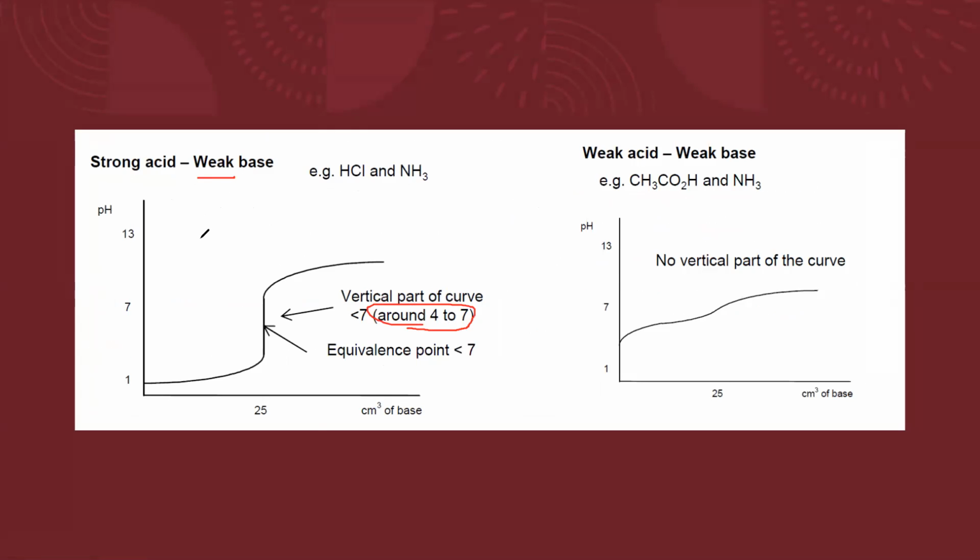And in this question, we are not adding a base, we have a base and we are adding an acid. So the graph will be identical, but the other way around. So it should be this type of graph, in which the vertical portion is from 4 to 7.